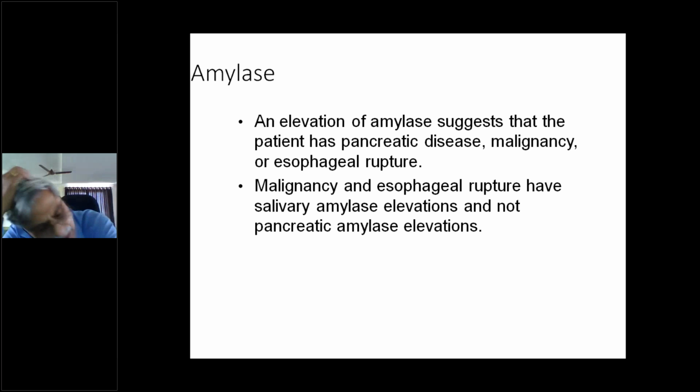You tell me, what are the causes of left side pleural effusion? Right side effusion is very common, but there are some cases where the left side pleural effusion is only present. What are they? One is pancreatitis. The second one is rupture of the esophagus.